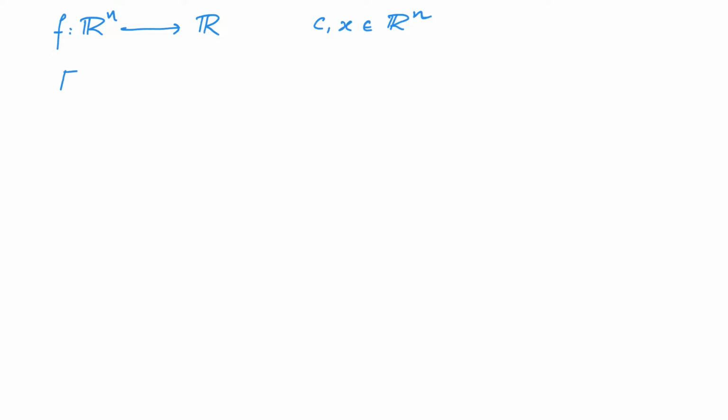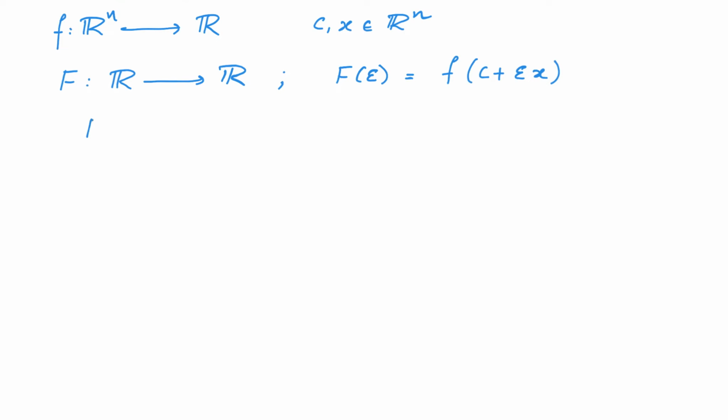Given this setup, we can define a function capital F from R to R as follows. We define capital F of epsilon to be equal to small f of c plus epsilon x. Notice that as f is a function from Rn to R, f of c plus epsilon x is an element in R, and the input is also a real number. So capital F is a function from R to R.